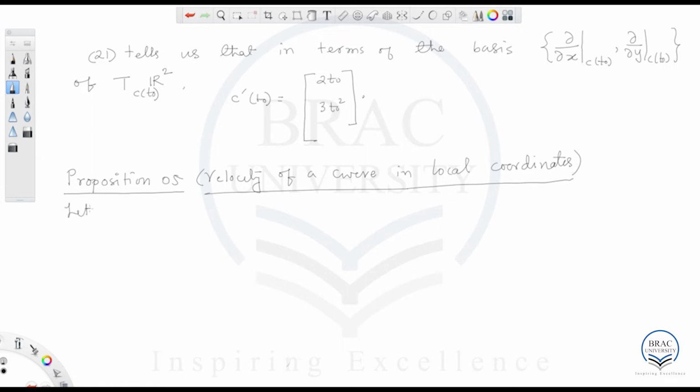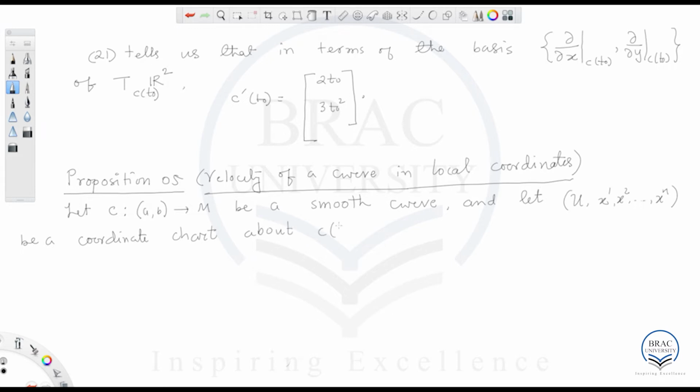Let C from the open interval a comma b to M be a smooth curve and let U comma x1, x2, all the way up to xn be a coordinate chart about C of t.